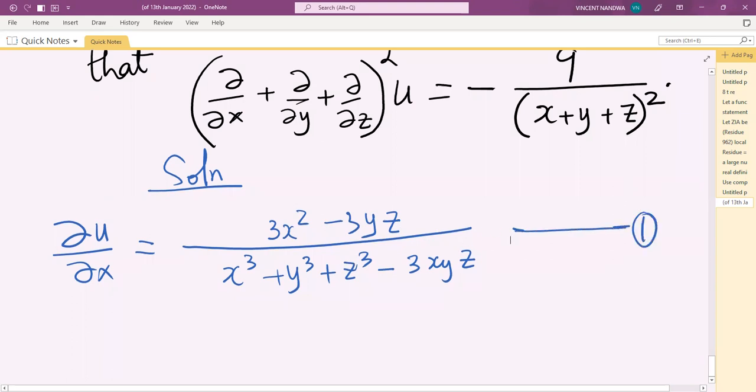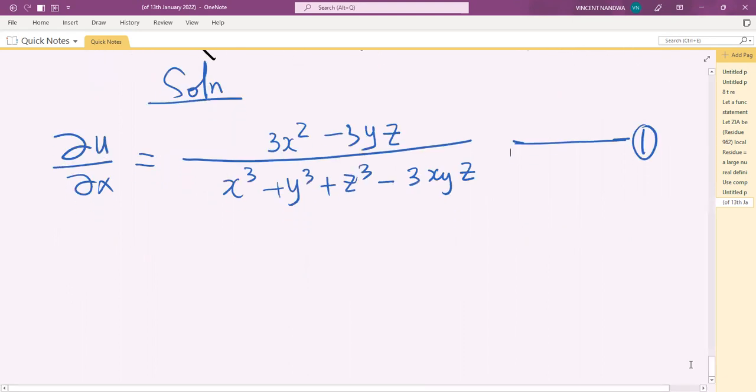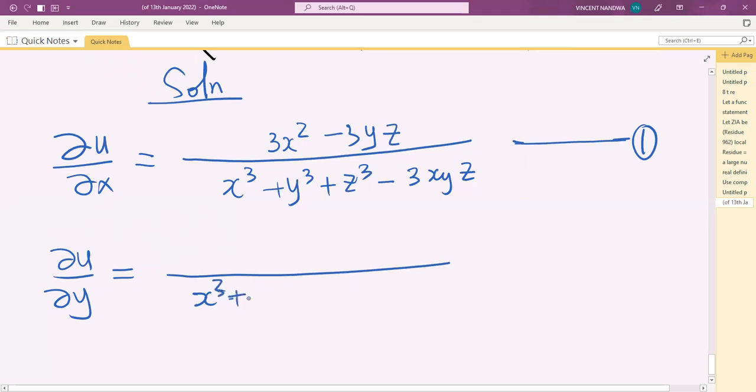And then the second will be given by partial u, partial y, which is you write the function in the bracket in the denominator, and then differentiate it partially with respect to y, and you get 3y squared minus 3xz. You call this one equation 2.